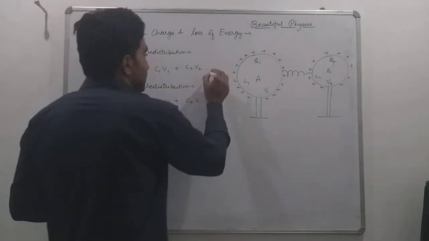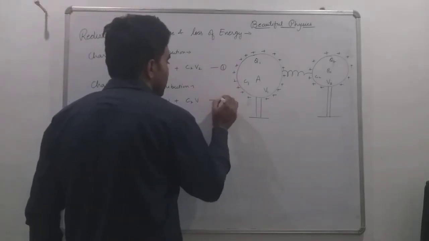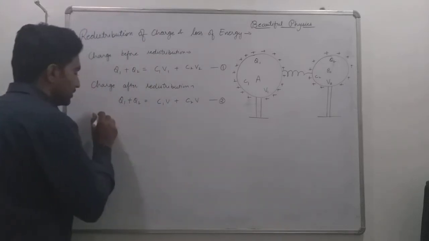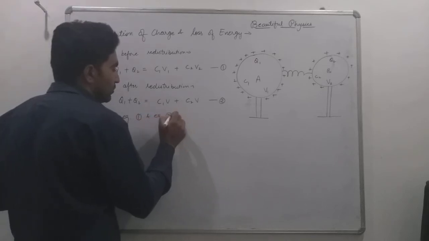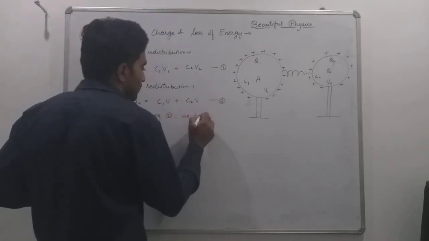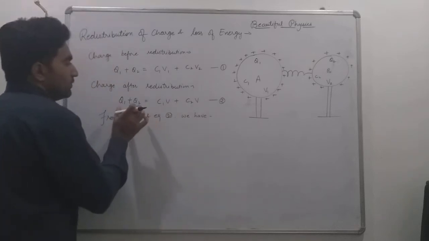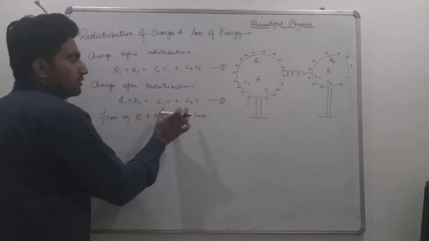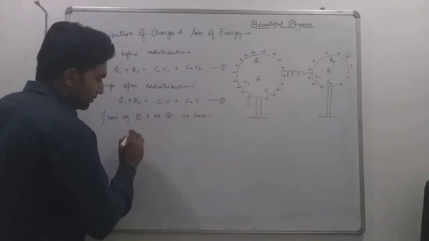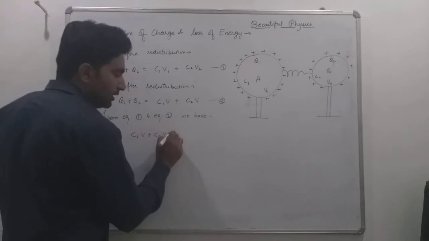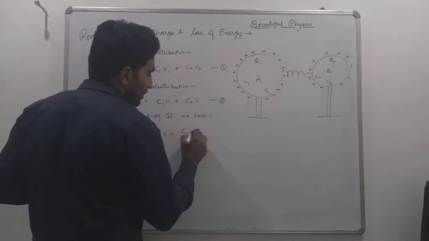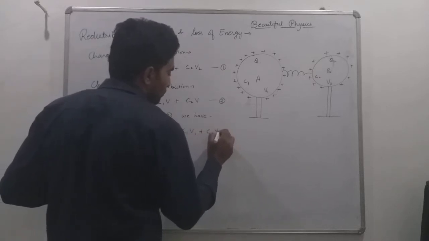If we compare both the equations, equation 1 and equation 2, if the left hand side of the equations are equal, then the right hand side will also be equal. So c1v plus c2v will be equal to c1v1 plus c2v2.